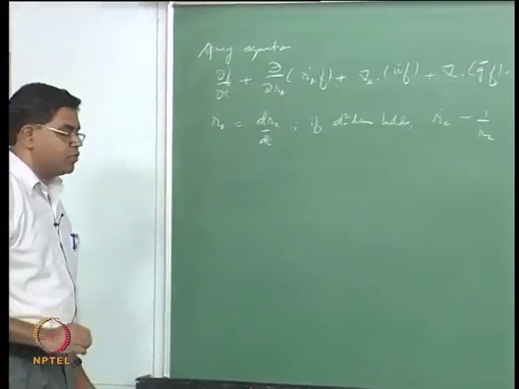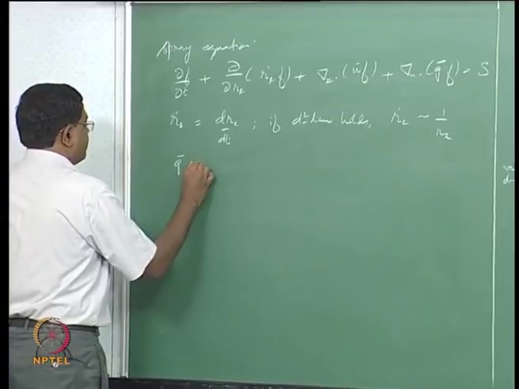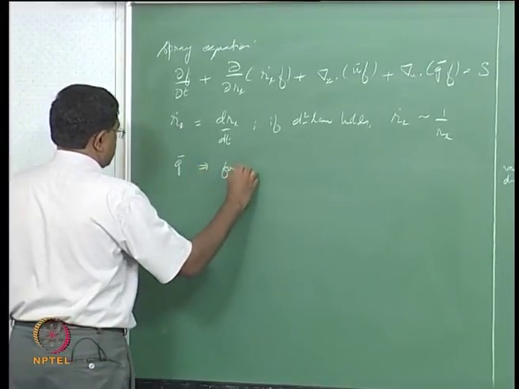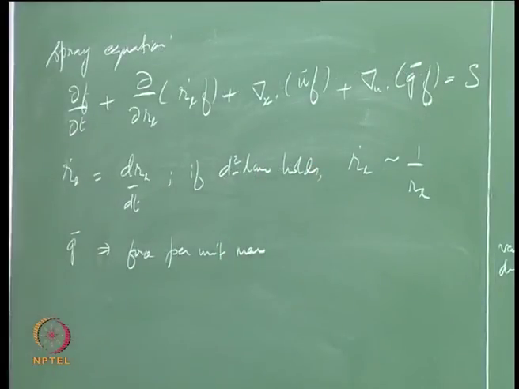That's something that we have seen before. G is, as I said, the force per unit mass. Whatever forces are acting that change the droplet spray distribution function.